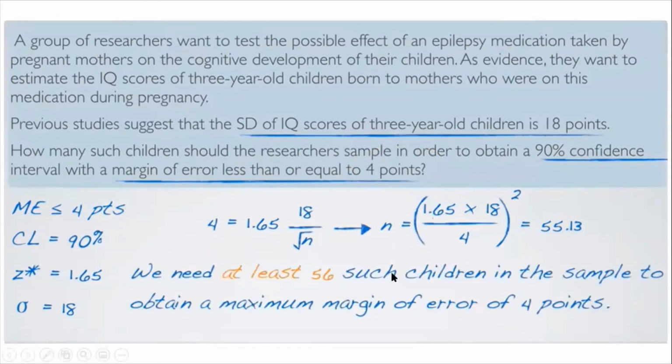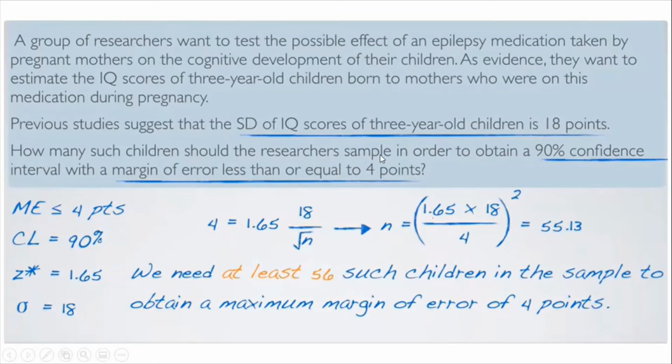You cannot round down in this case, you have to round up because we are dealing with patients, humans, so we cannot leave it as a decimal. So we need at least 56 such children in the sample to obtain a maximum margin of error of 4 points.